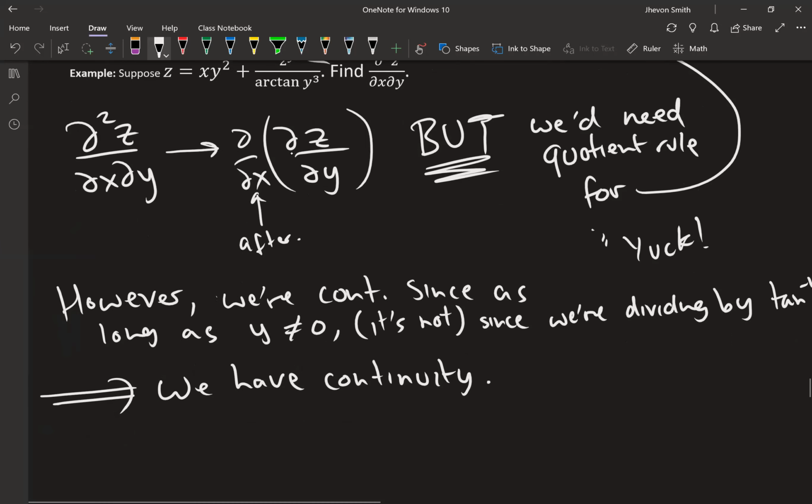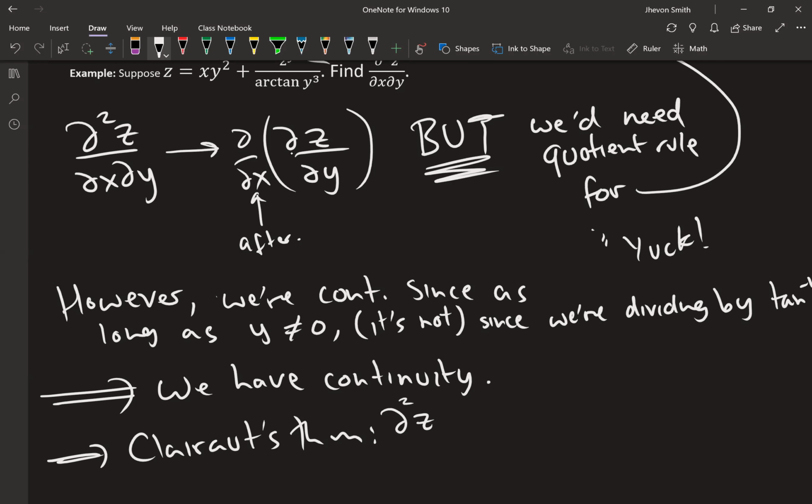And so Clairaut's theorem would tell us that the partial of z with respect to x, then with respect to y, is actually equal to the partial of z with respect to y, then x.